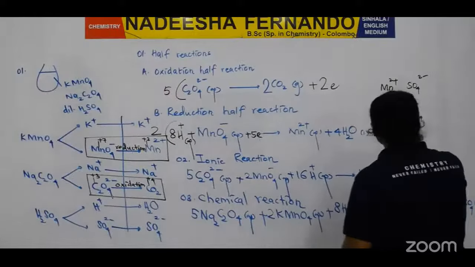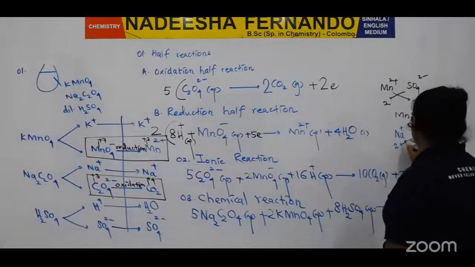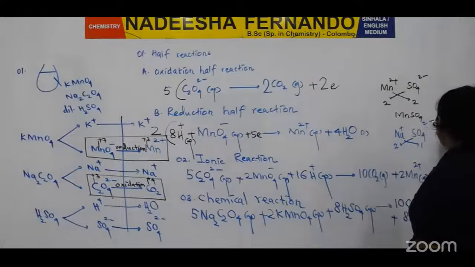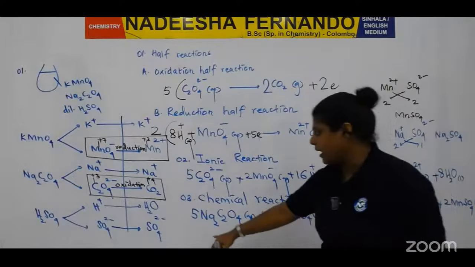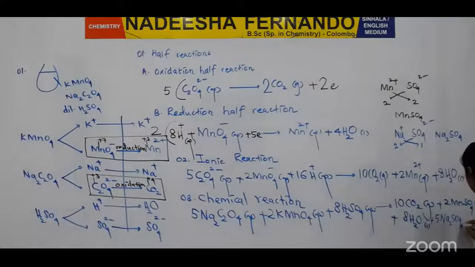Sodium plus, because it's a first group element, and sulfate SO4 2-, exchange ions, Na2SO4. If we take 5 here, we need to write 5 Na2SO4.